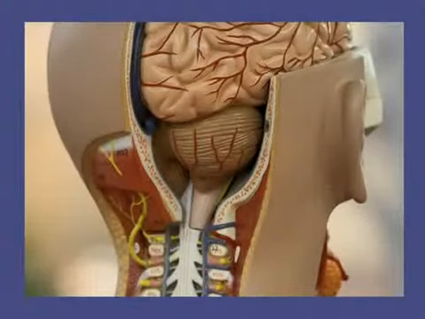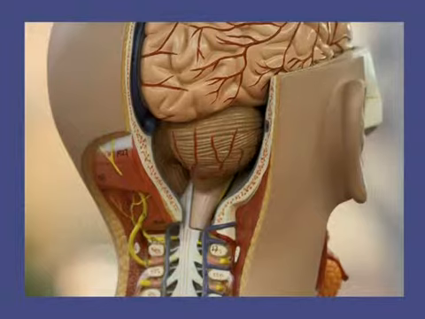Because axis, atlas, and the C7 vertebra do not share these similar characteristics, they are known as atypical vertebrae. And all the cervical vertebrae have a special feature compared to the other vertebrae: a transverse foramen for the passage of an important artery, the vertebral artery.